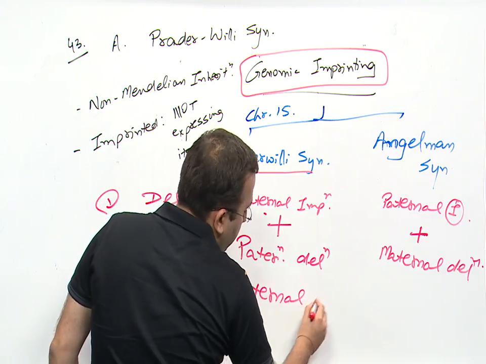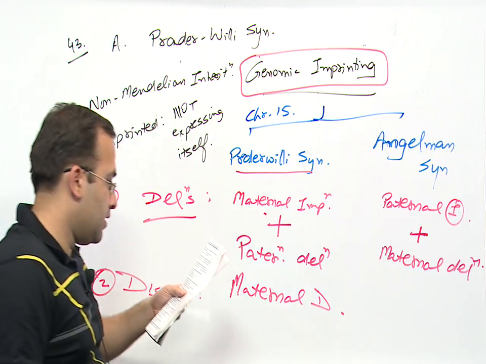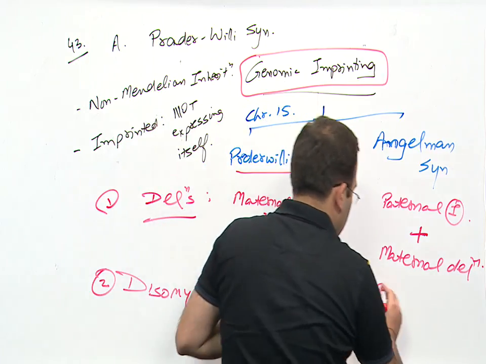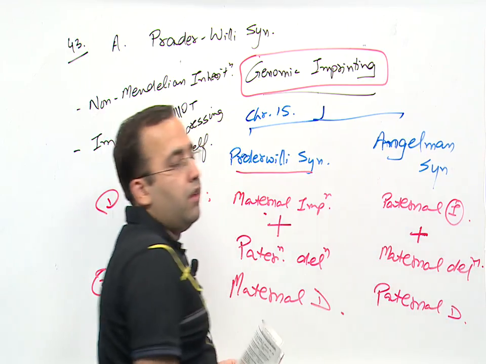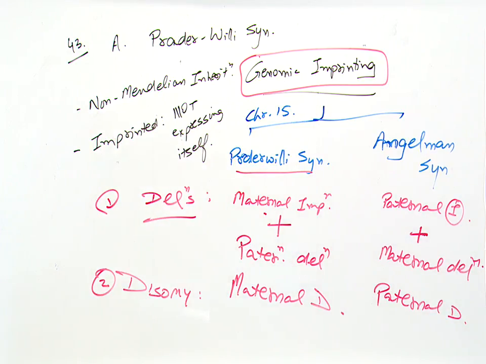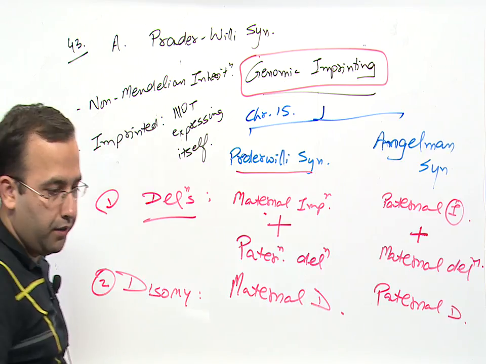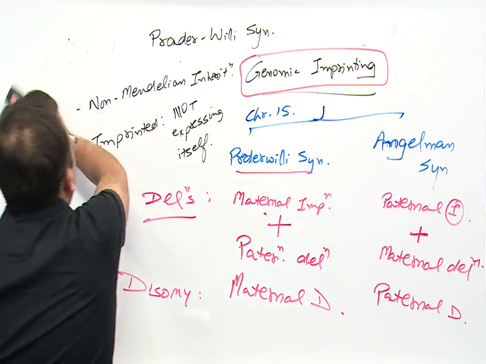So Prader-Willi is maternal disomy, whereas Angelman is paternal disomy. Done. This gets us to the next question.